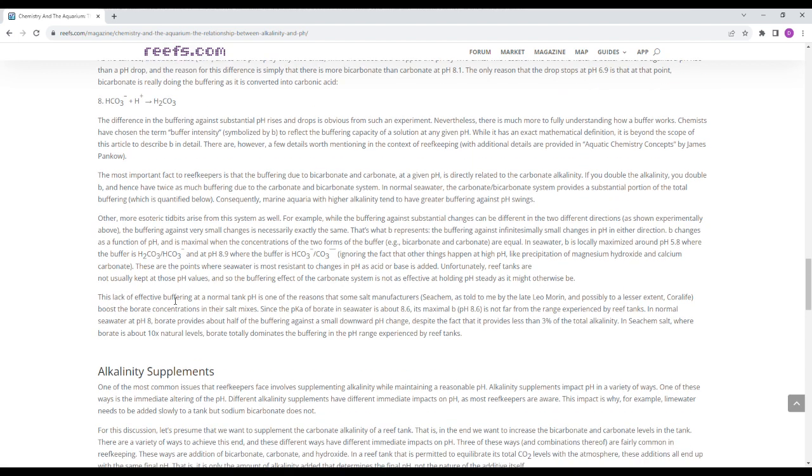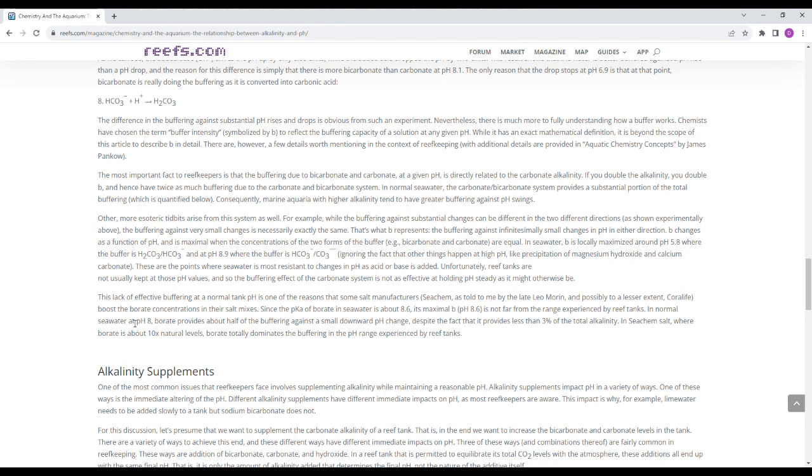This lack of effective buffering at a normal tank pH is one of the reasons that some salt manufacturers, such as CCAM, boost the borate concentration in their salt mix. Since the pKa of borate in seawater is about 8.6, its maximal B at pH 8.6 is not far from the range experienced by reef tanks.